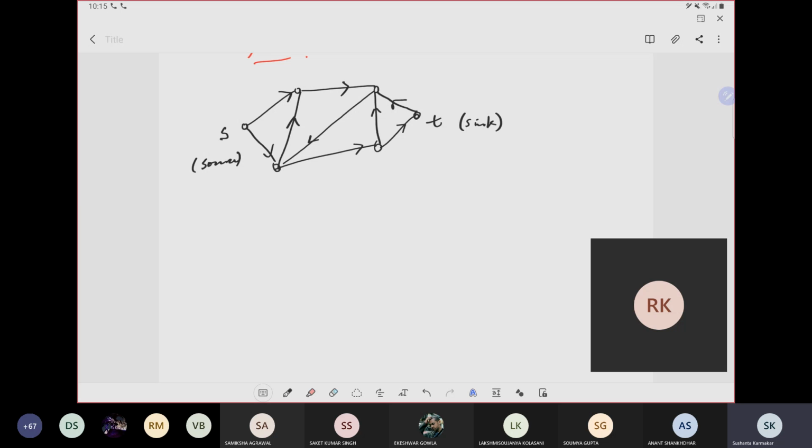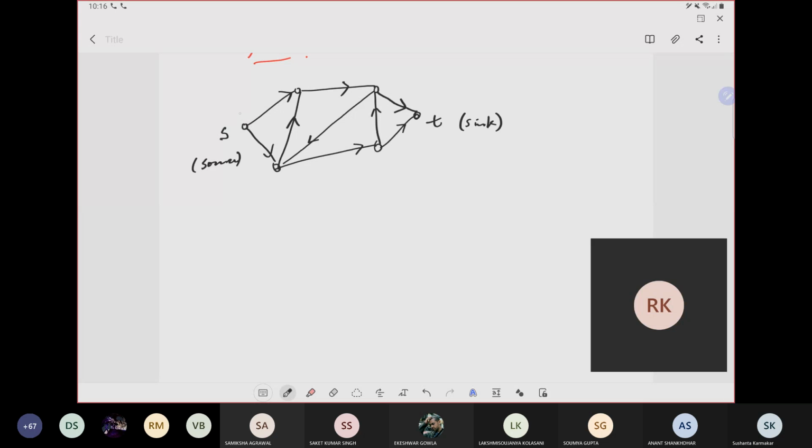Sink means every edge incident on T is incoming. That means flow is coming to T, and T is something like an infinite sink. Whatever you give it, it will be able to consume. Similarly, S is an infinite source, just like the sun. Whatever you want, it can generate any large value you like.